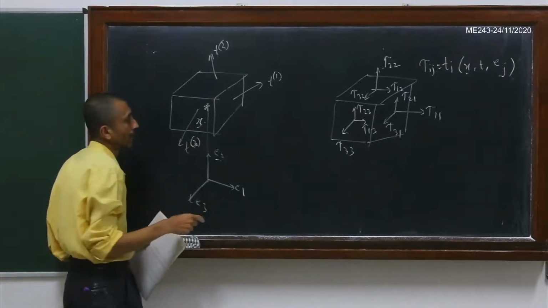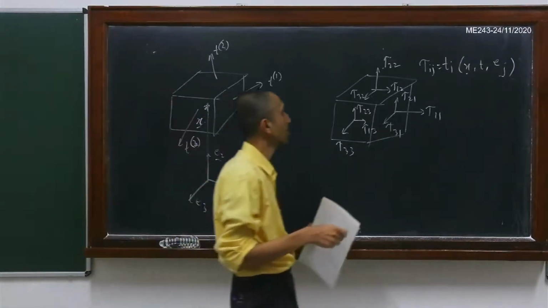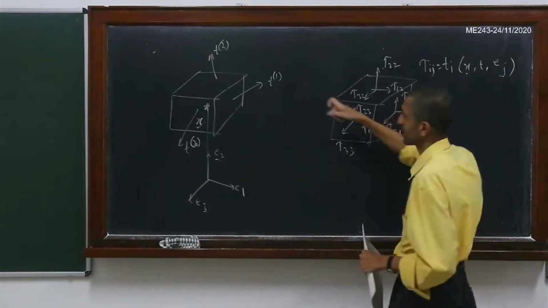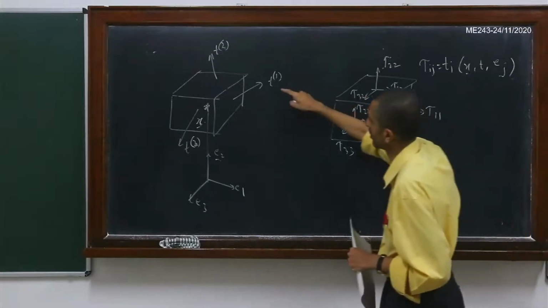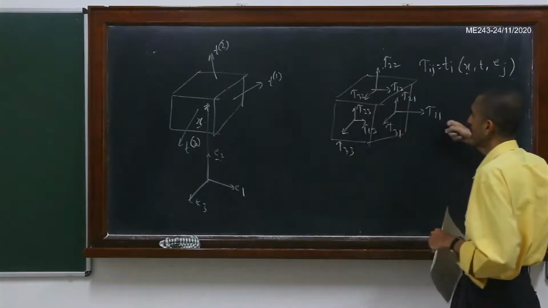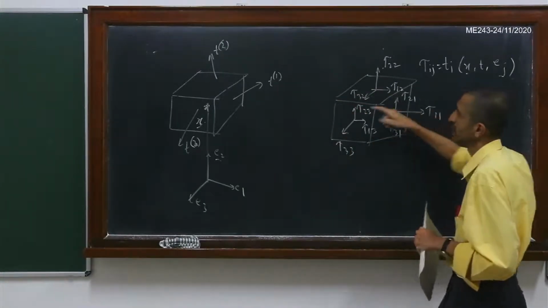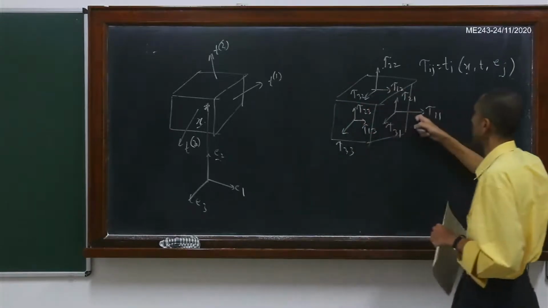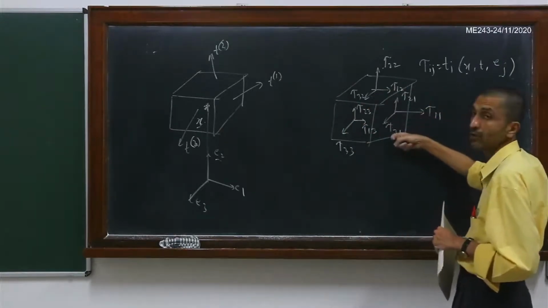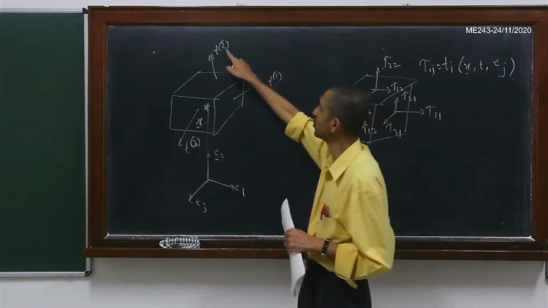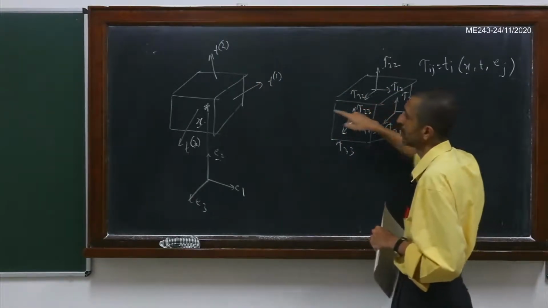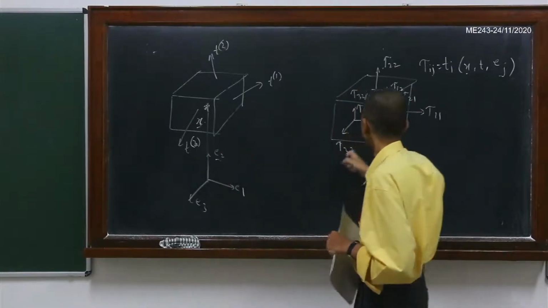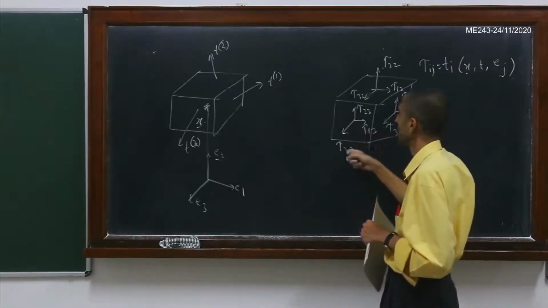Now what you do is you resolve each of these traction vectors into components along E1, E2 and E3. So this T1, let us resolve it into tau 11, tau 21 and tau 31. Then this T2, you are resolving it into tau 12, tau 22 and tau 32. And this T3, you are resolving it into tau 13, tau 23 and tau 33.